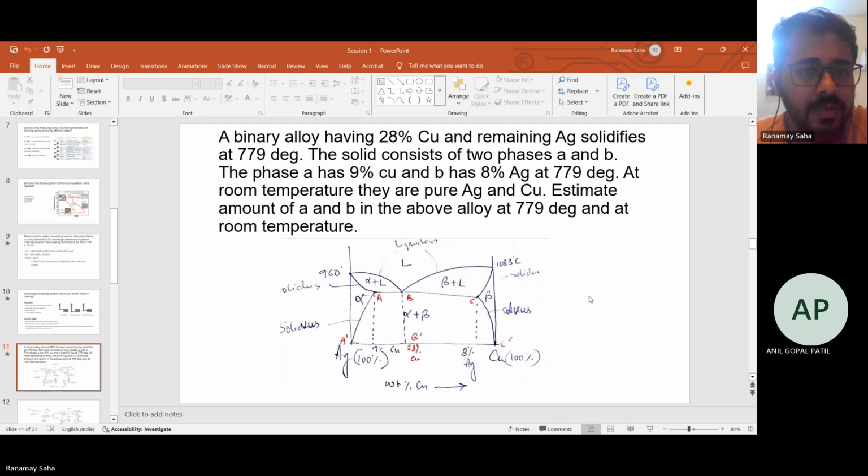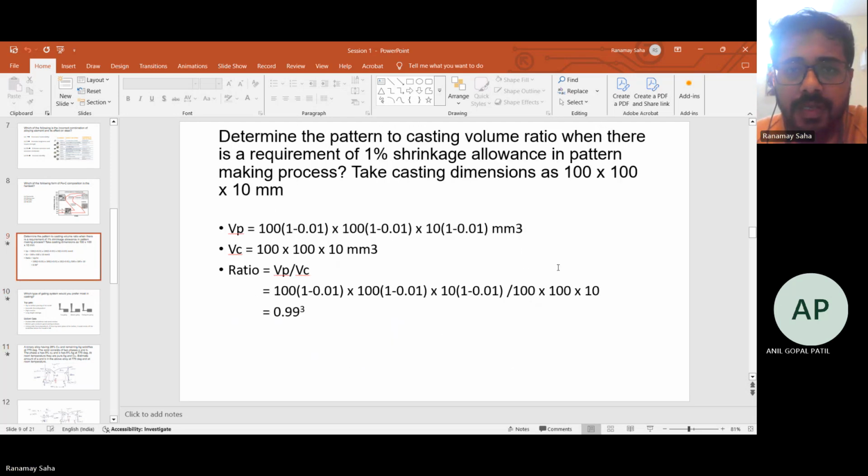I'll just take you to the question once. Here, it says determine the pattern to casting volume. What the question means is the pattern is your actual pattern, and this casting volume means casting pattern volume. Like, this should be the dimension of your pattern which is desired in order to take care of this shrinkage.